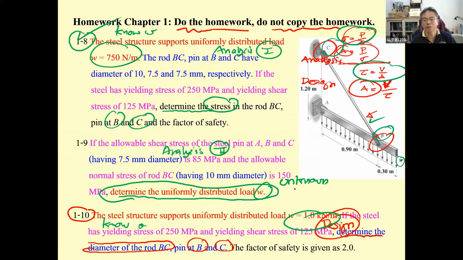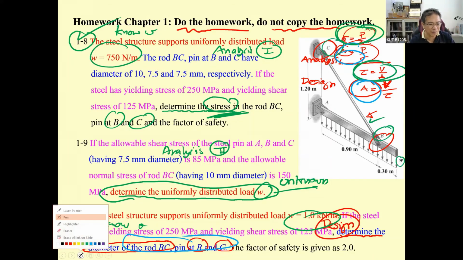I'd like you guys to understand this. There are going to be three types of problem in your work, in your examination. One, again, asks you directly to determine the stress. Another one is going to ask you to determine the size of the structural member.